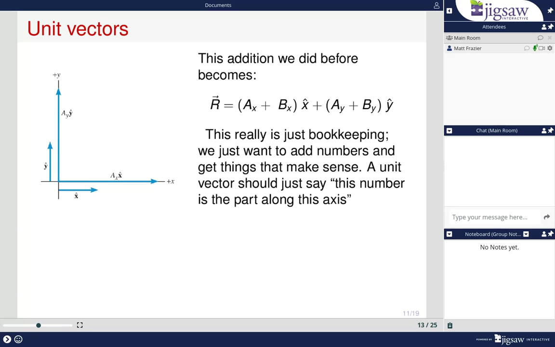There is no way to take this x unit vector and make a y unit vector out of any number of these. We can't make a sub y out of any amount of a sub x's, and vice versa. Right? We have to treat those 2 directions separately until the very end when we put them together and we get some vector that represents the magnitude of an arbitrary vector.